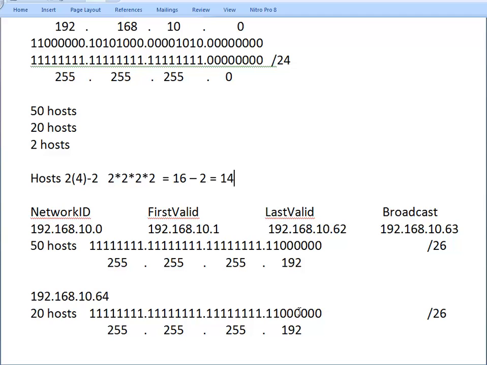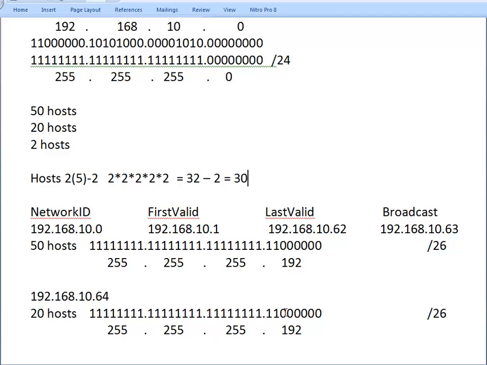So what if I reserve 5 zeros? I keep 5 zeros, times 2, so this will be 32, minus 2, this will be 30. Okay, that's enough. We need 5 zeros.